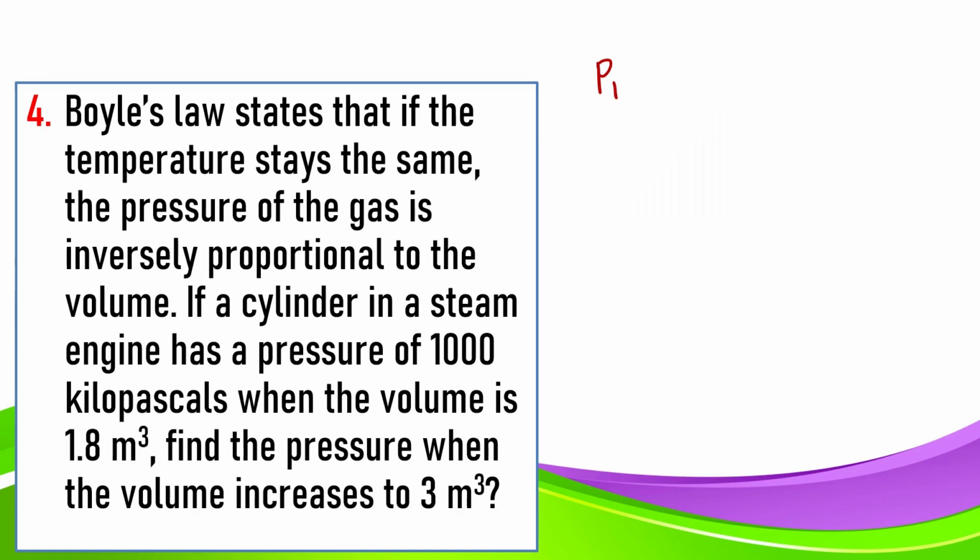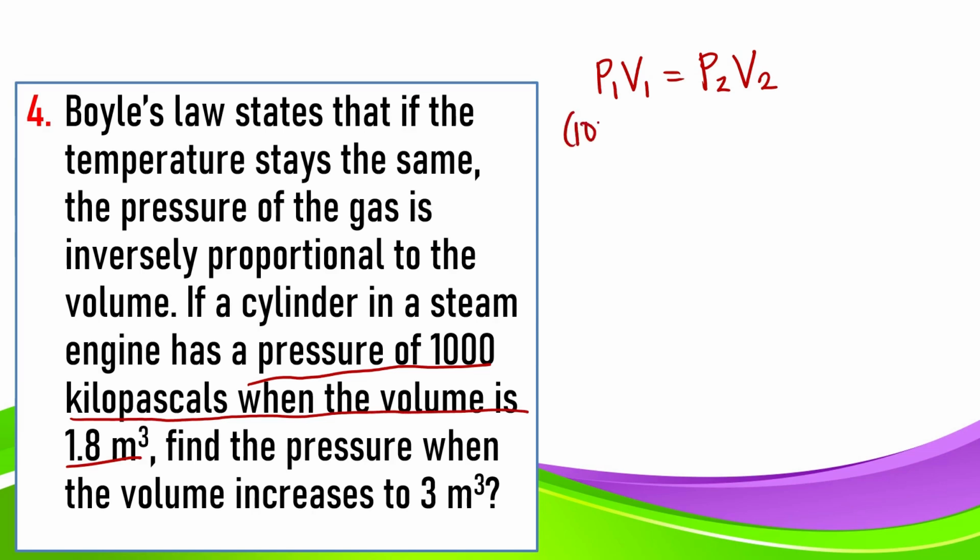P sub 1 times V sub 1 is equal to P sub 2 times V sub 2. So, a pressure of 1,000 kilopascals when the volume is 1.8 cubic meters, that will be the P sub 1 and V sub 1.